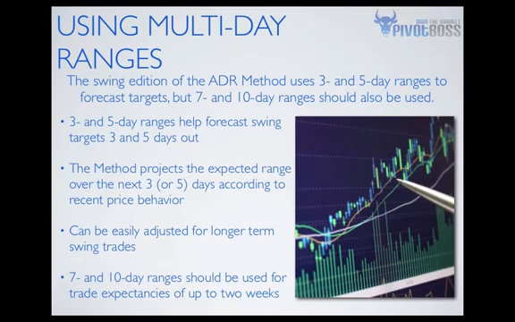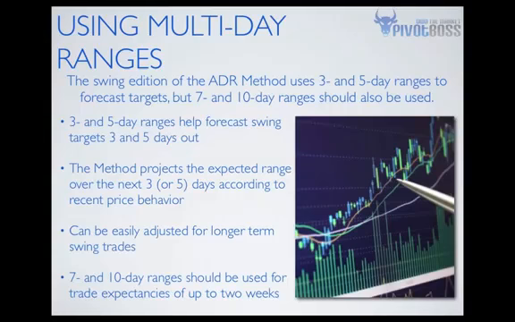So using multi-day ranges, the swing edition of the ADR method uses 3 and 5-day ranges to forecast targets, but 7 and 10-day ranges should also be used. After all, if you're swing trading, you want to trade a 1-week move, sometimes you want to trade a 2-week move. If a markup swing cycle is lasting 3 weeks, you might want to trade a 3-week move.